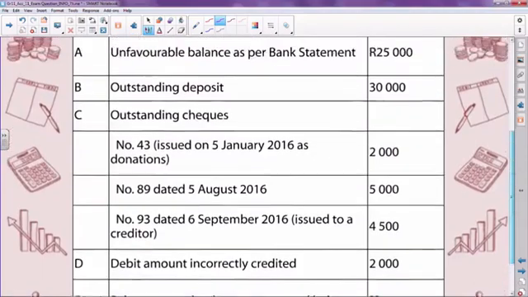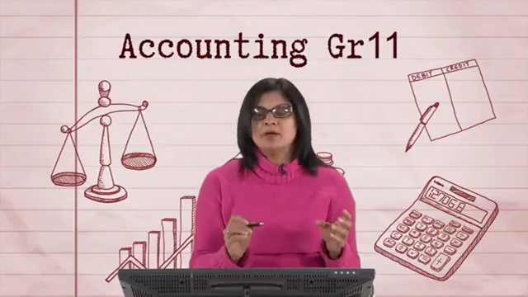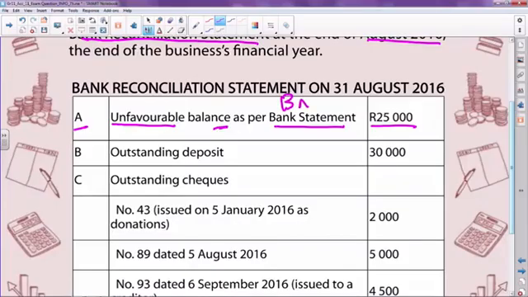I've got an unfavorable balance as per bank statement, 25,000. Now immediately, guys, a bank statement is obviously prepared by the bank. In other words, it's what we call an external document. It comes from the bank itself at the end of the month.